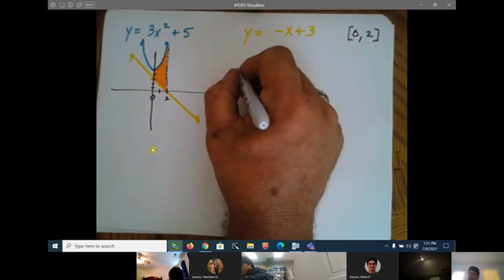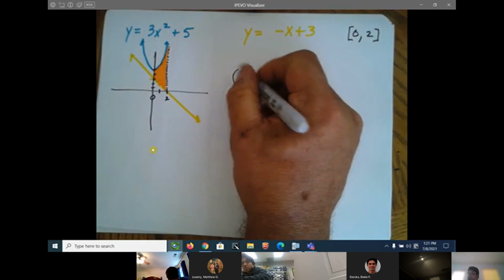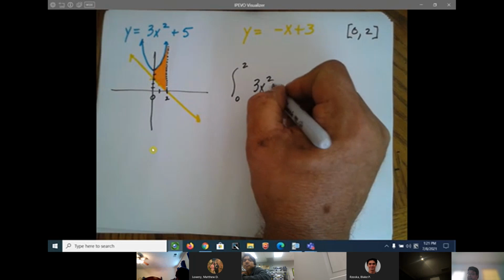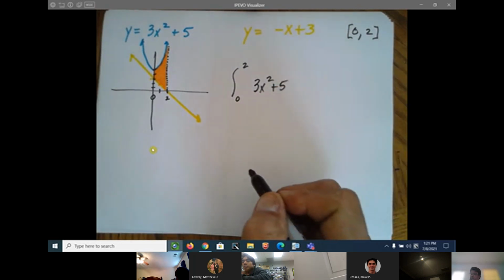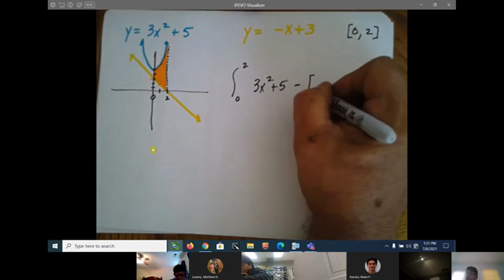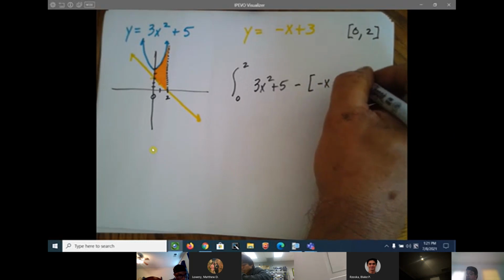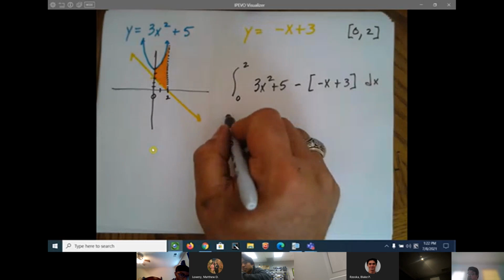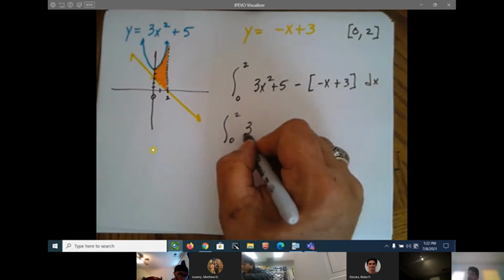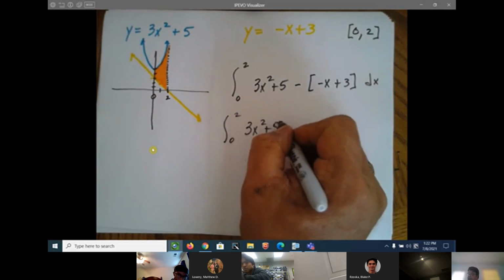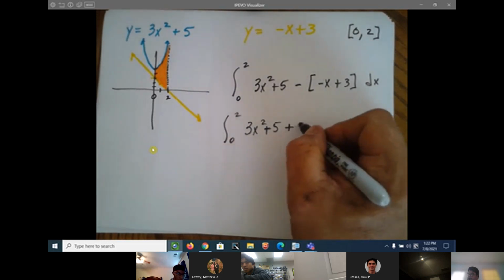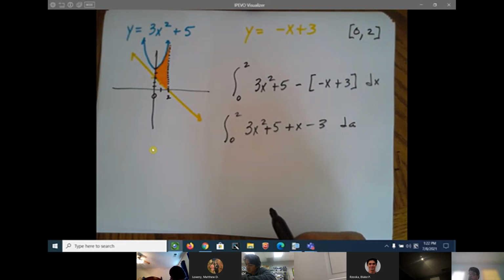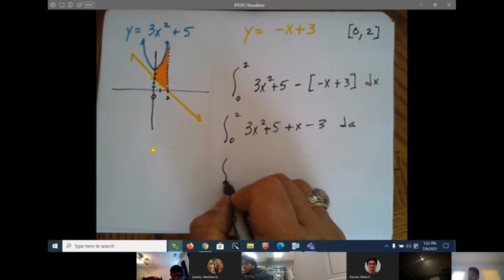So antiderivative from 0 to 2 of 3x squared plus 5 minus negative x plus 3. And 0 to 2, 3x squared plus 5 plus x minus 3. Zero to 2.